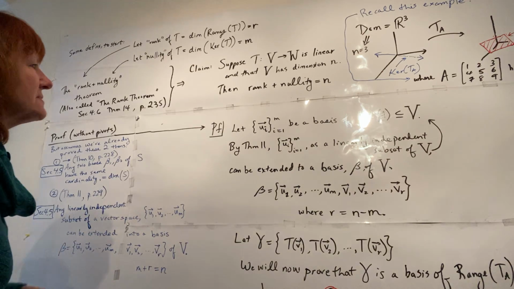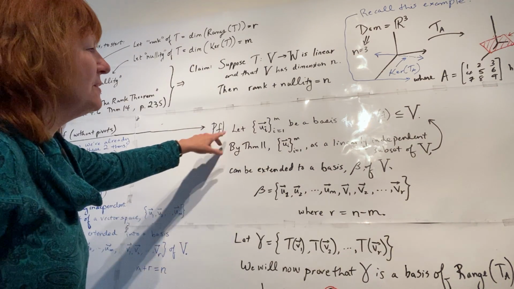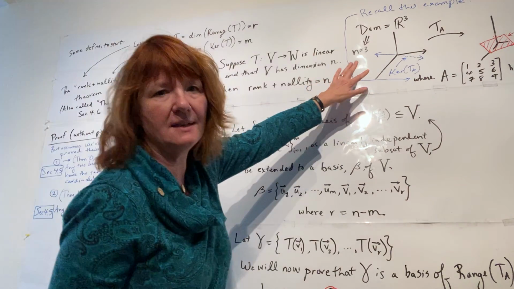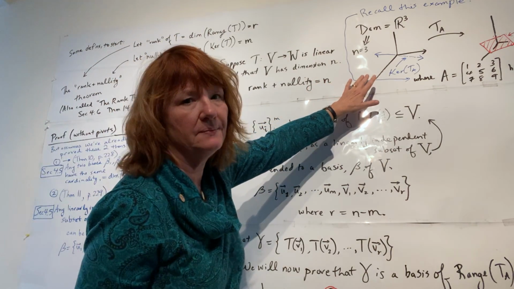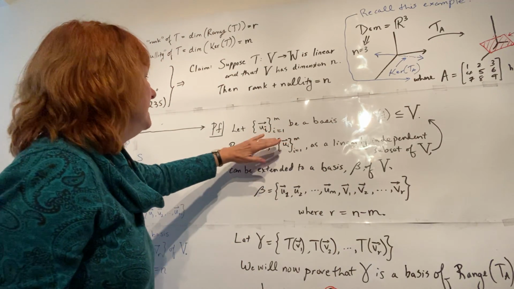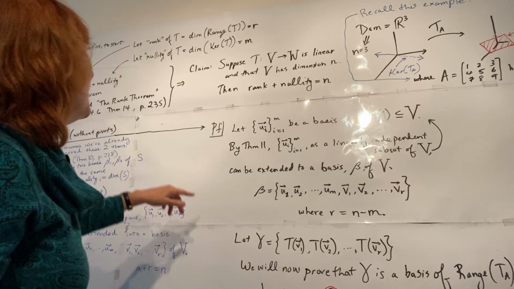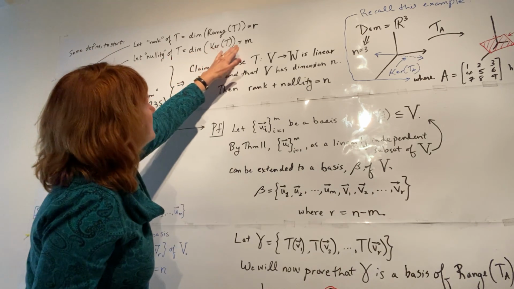All right, so the proof goes like this. You start with a basis of the null space. Remember that's sitting in the domain, right? And it's got m vectors in it because the nullity is equal to m.